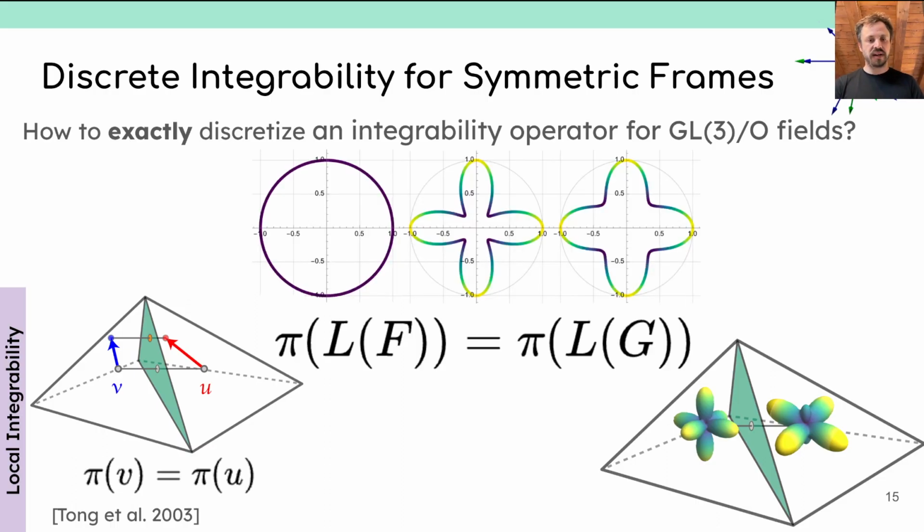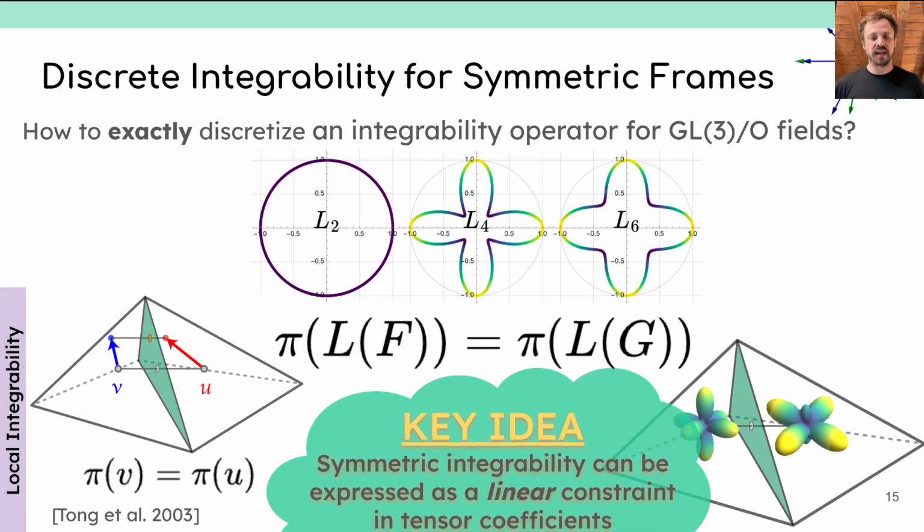So our condition is that the projection of these symmetric tensor coefficients to the shared facet must agree for every shared facet. And one thing I want to point out is that this is similarly a linear condition on the tensor coefficients.